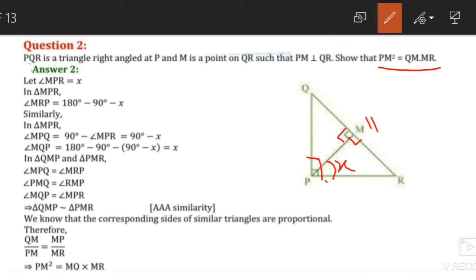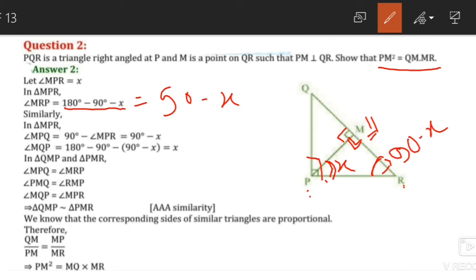Now if you consider the triangle MPR, by angle sum property, since this is 90 degree and this is X, this angle will be 180 minus 90 minus X, that means this angle will be 90 minus X.